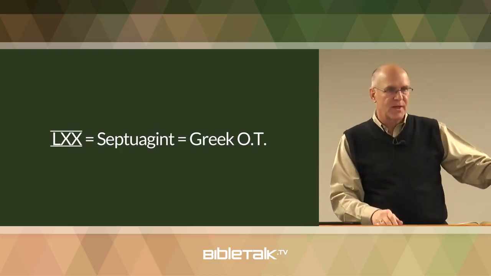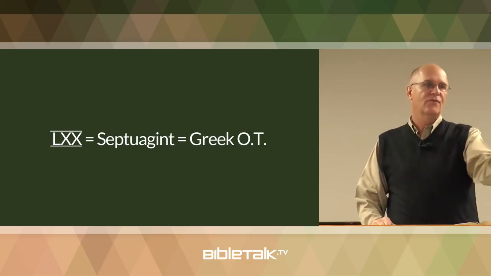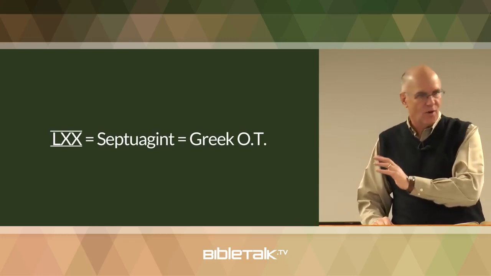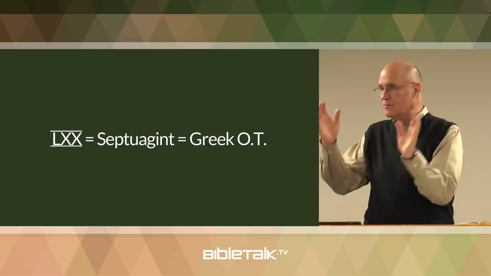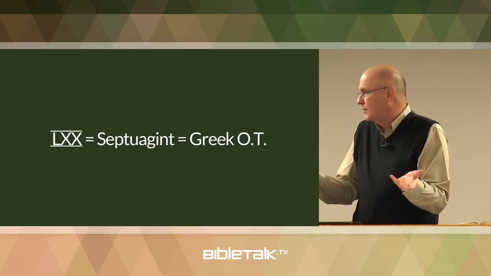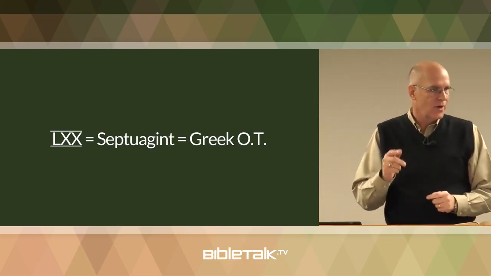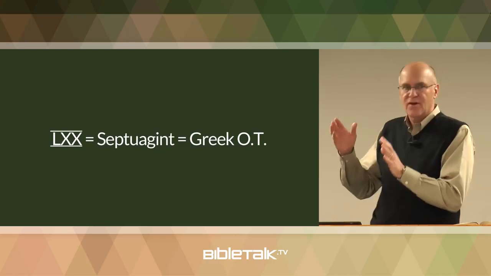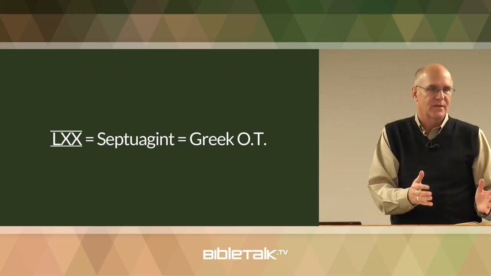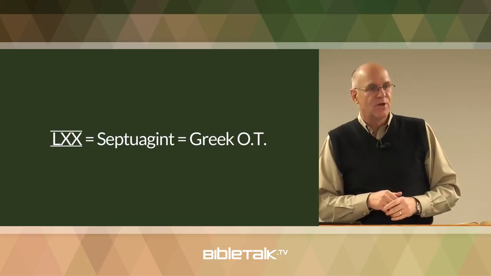They were forgetting to speak the old language, but there was a problem. Their whole life revolved around their religion, and their whole religion revolved around the scriptures. And if they couldn't read the scriptures, they would cease to be as a people. And so what they did is they created a Greek version of the Old Testament, that we call the Septuagint.